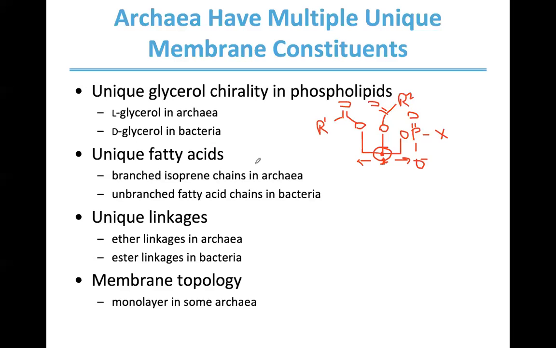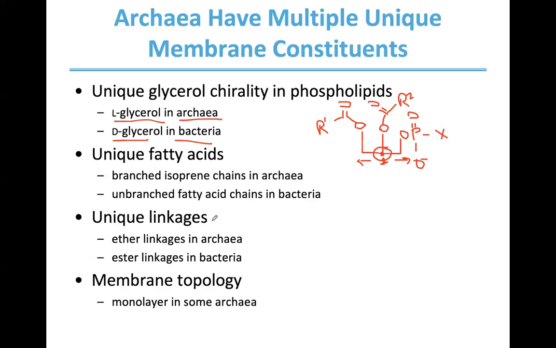You can see here, for example, in archaea, it's primarily L-glycerol, right? And in bacteria, it's D-glycerol. As far as fatty acids, in archaea, it's primarily branched. In fact, on the next slide I'll show you how in archaea these fatty acids are branched, and in bacteria they are straight chain.